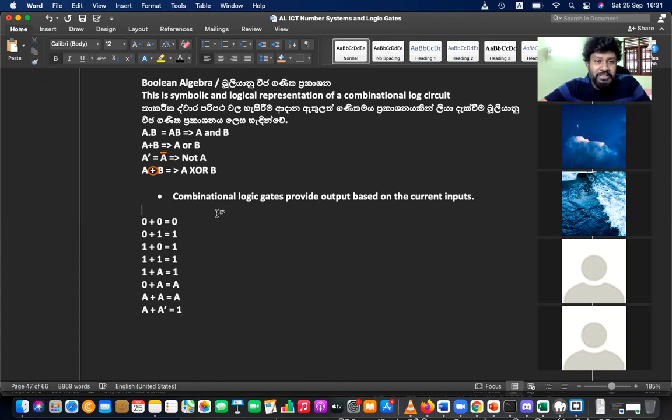Okay, can you write down the same for the AND gate and XOR gate? Same like this, can you repeat these patterns? That means 0 and 0, 0 and 1, 1 and 0, 1 and 1, 1 and A, 0 and A, A and A, and A and not A, and also for the XOR gate. Please do this alone and write down the similar results for the AND gate and XOR gate.